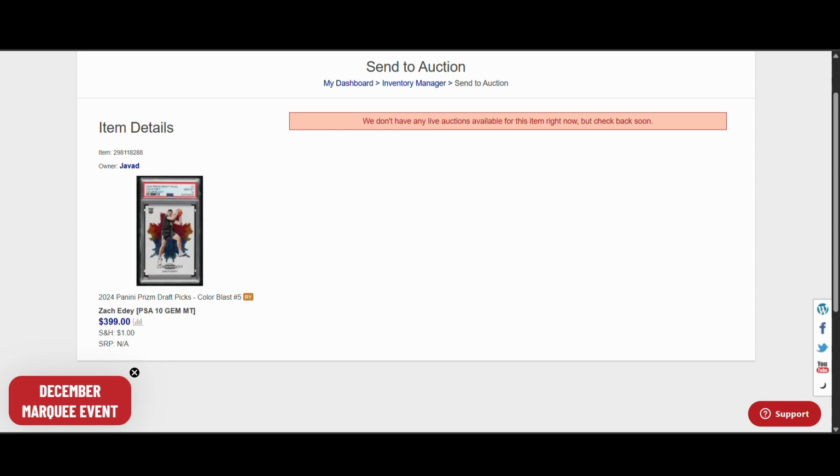And with those auctions, I find that $20 cards sell for $5 a lot, even though sometimes $5 cards will sell for $50. You never know, it goes all over the place. But with that fee structure, it was preventing me from sending a lot of cards there after a while. I sent a lot more when it was just a $1 submission fee and the 5% transaction fee with no minimum.